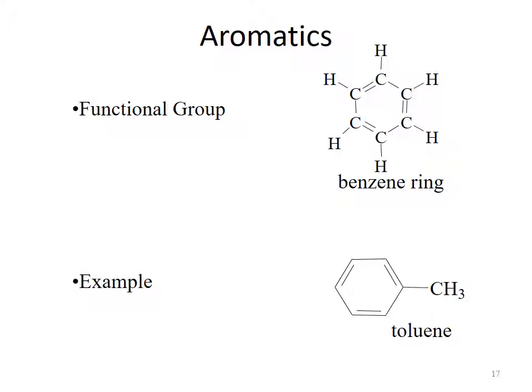Once it's a functional group instead of the home base chain, it's called a phenyl group, P-H-E-N-Y-L, hence the name phenylephrine. You'll see that structure all over the place in some of the drugs you give. They won't all have the name phenyl in them, but it's around a lot.